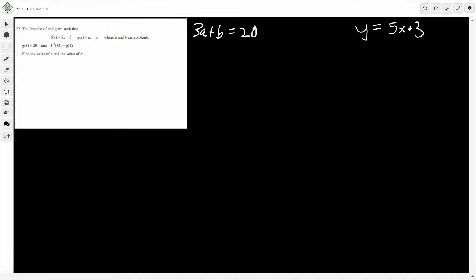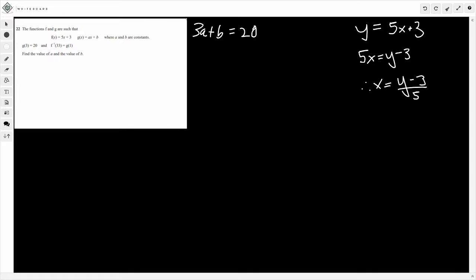And now what we do is we rearrange to get it in terms of x. So we're making x the subject here. That means 5x is equal to y minus 3. And then we can divide by 5. So x is equal to y minus 3 divided by 5.